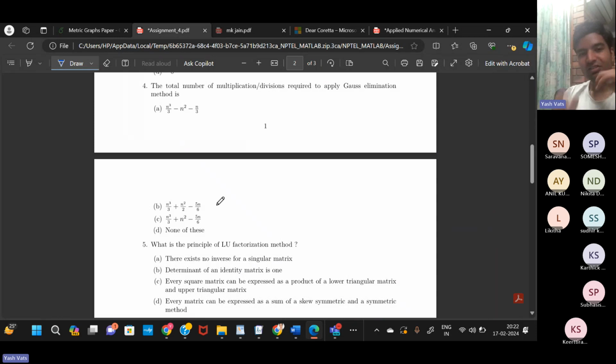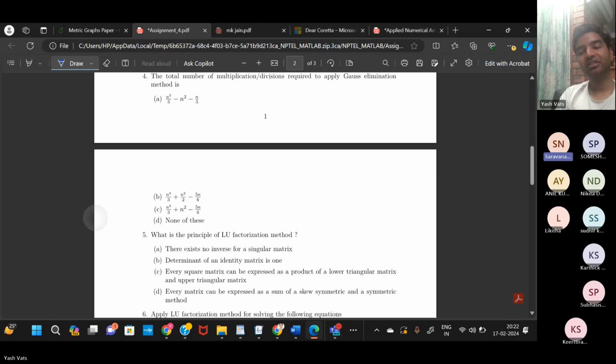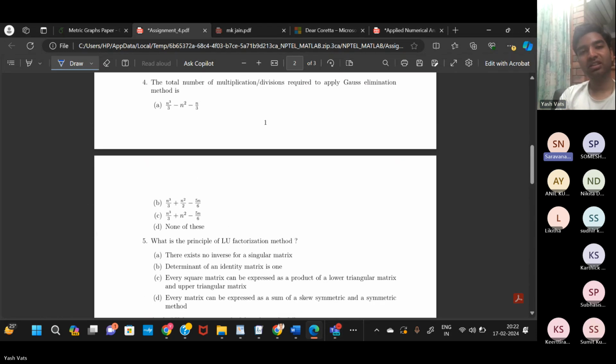I don't know the correct answer to be sure right now. So we have to check individually for all the options, whether it is like that or general. In general, yes. You know how to do Gaussian elimination for a general matrix.